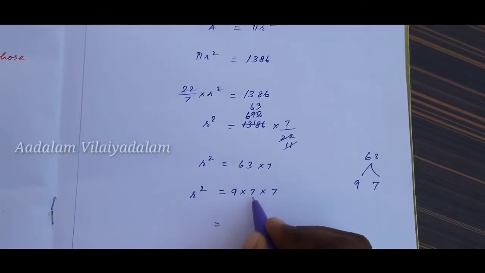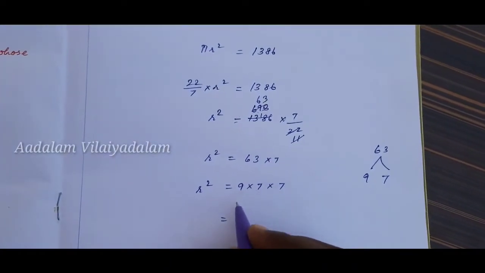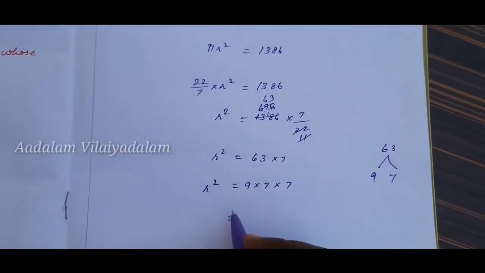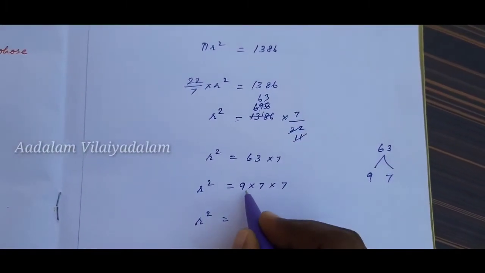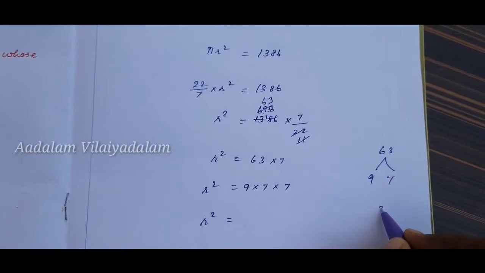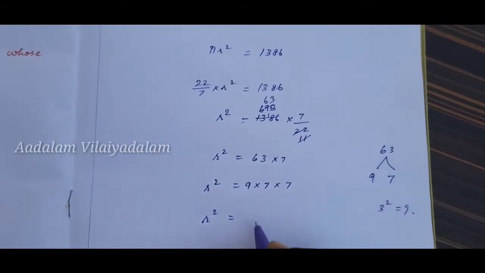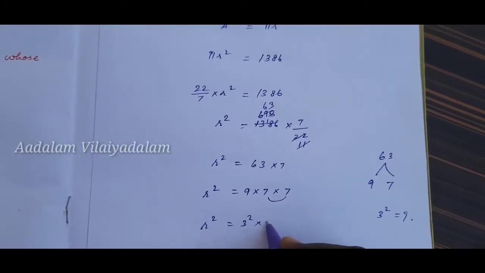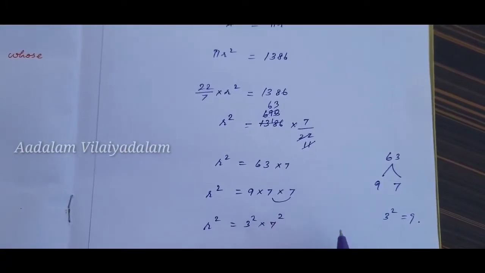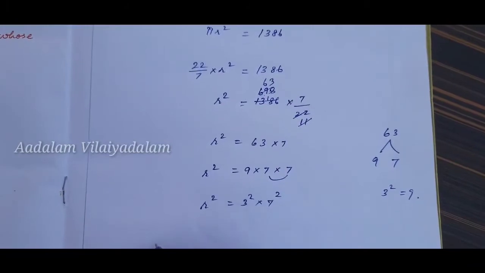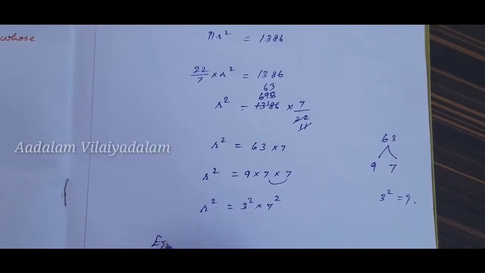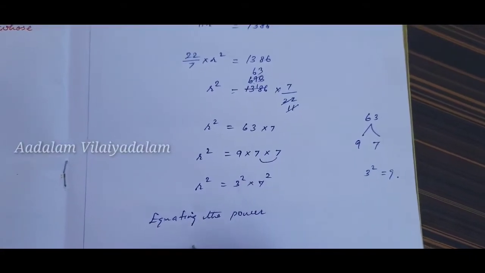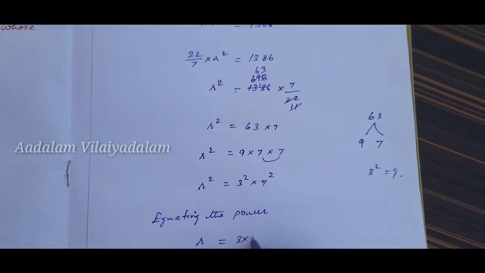Now we can write these values as a square, because on the left side we have the square value, that is r square. So we can convert the 9 as 3 square, isn't it? So therefore 3 square, and the remaining 7 we can write as 7 square. Now equating the power, we get r equal to 3 into 7.